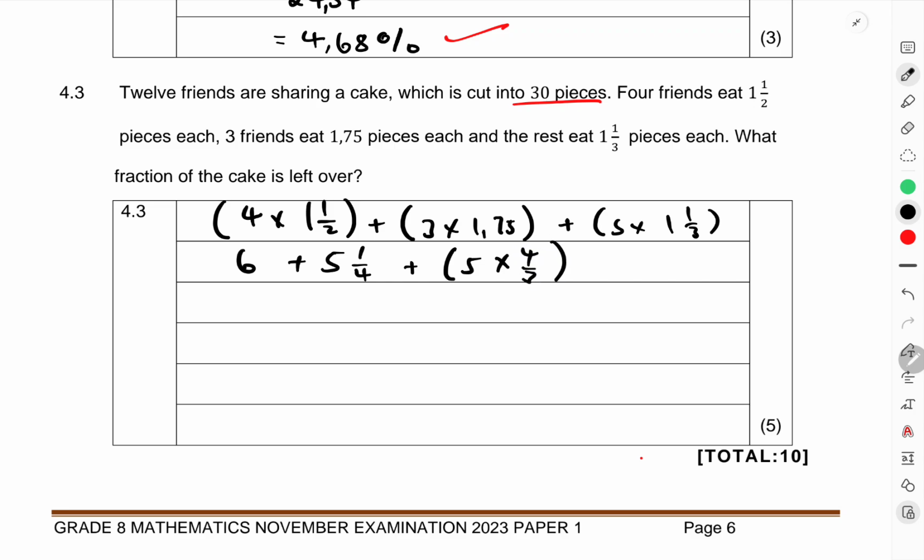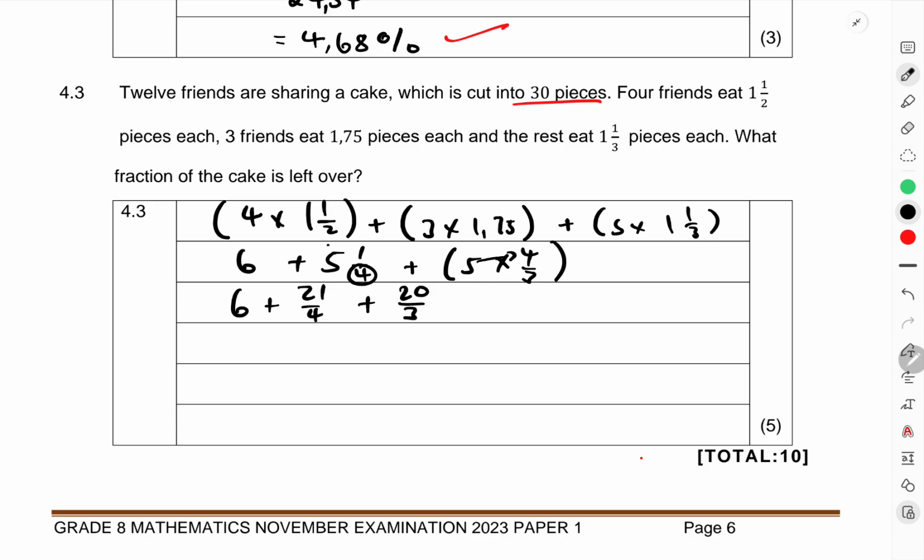Therefore in total I'm going to see 6 plus 21 over 4 plus, here I'm going to have 20 over 3 because I'll have the 4 multiplying the 5 divided by 3.